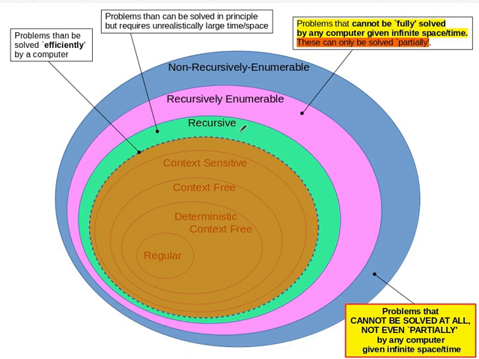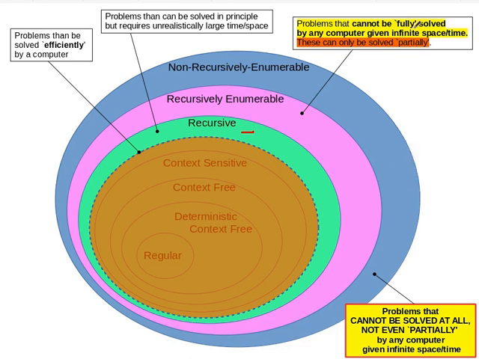But outside this we have some problems which can be solved in principle, but which require an absurdly large amount of resources. And then outside this, recursively enumerable, these are the problems which we cannot fully solve.